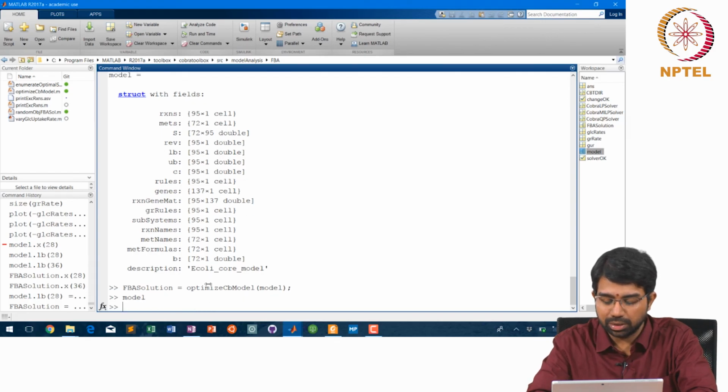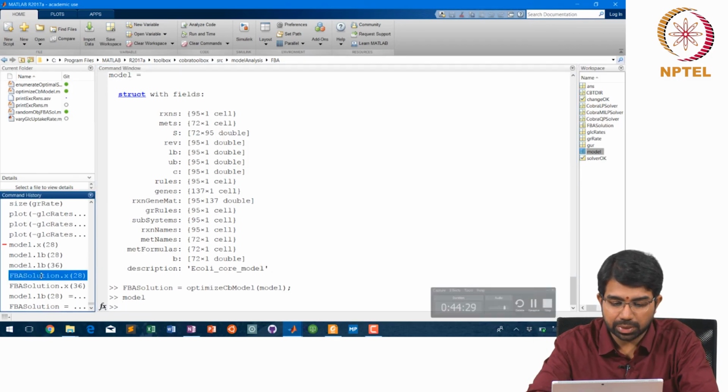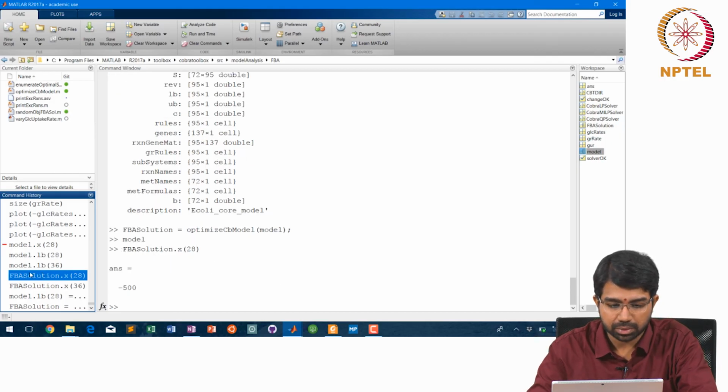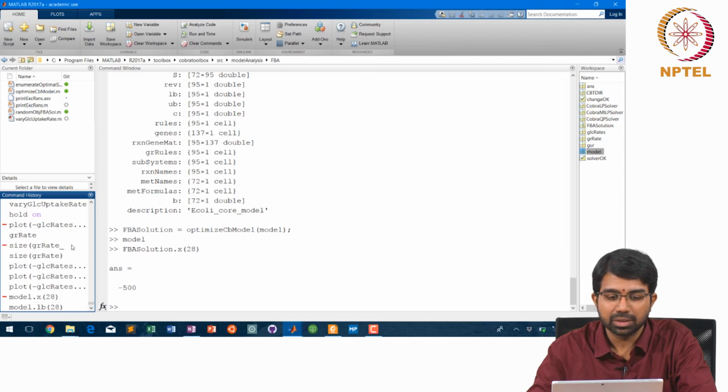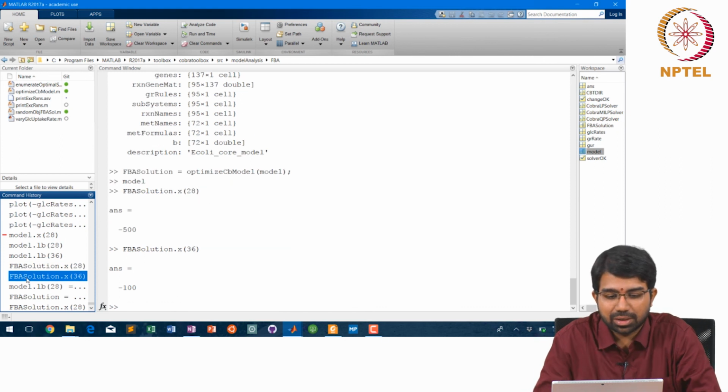Now you look at FBA_solution.x[28]. It's minus 500. x[36] is going to be a scaled version of the previous number that we saw. It's actually limited at 100.